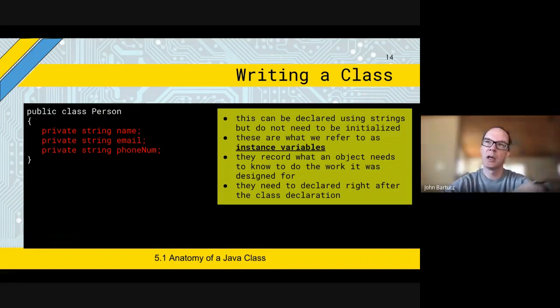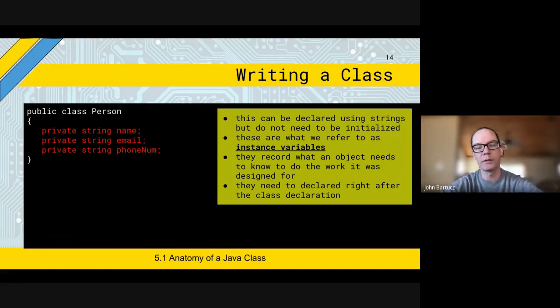The reason that these are called private is because we only want to be able to change them from within our own class, right? We don't want other people or other objects to be able to change the name of a person without going through our own checks and balances. We're going to make our own methods to set these and read these.